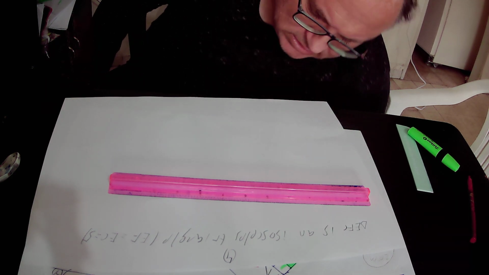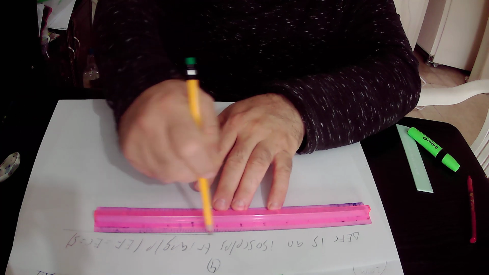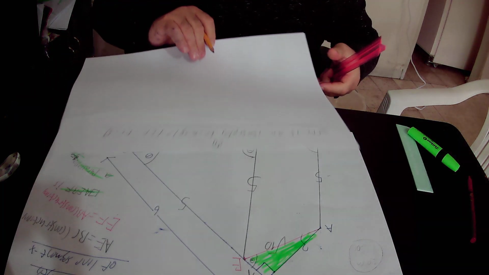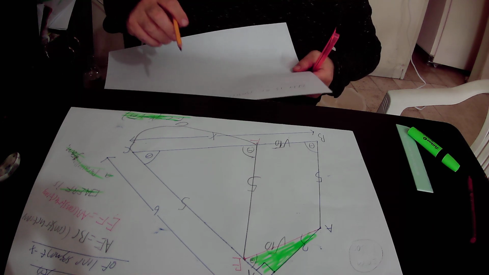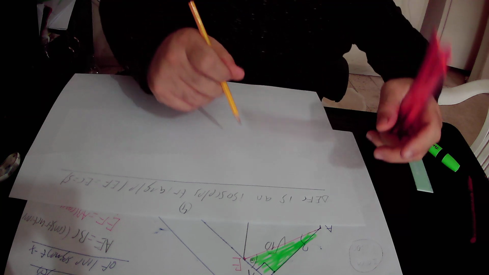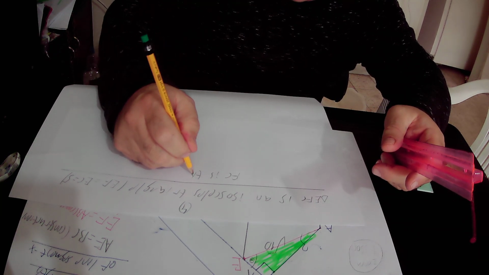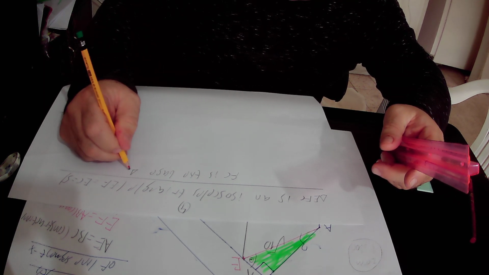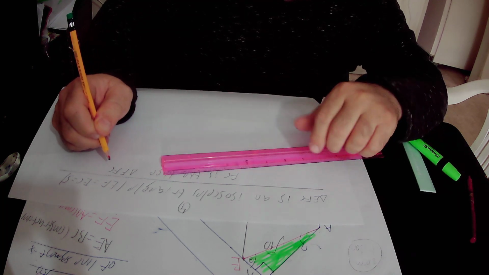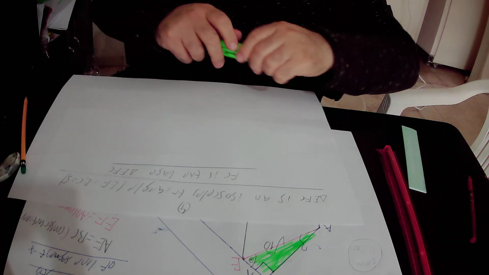And in addition, we know that FC is the base of the isosceles triangle, triangle EFC.